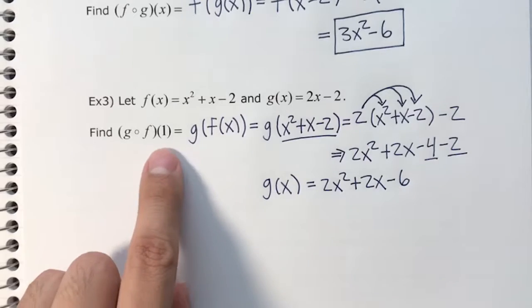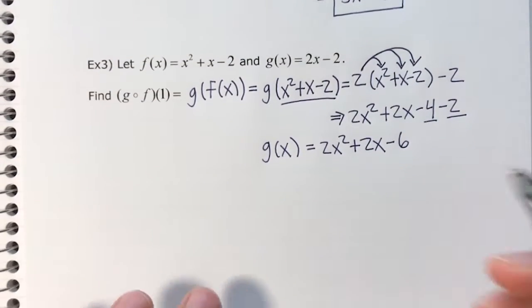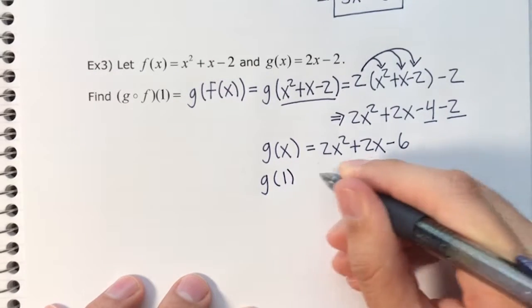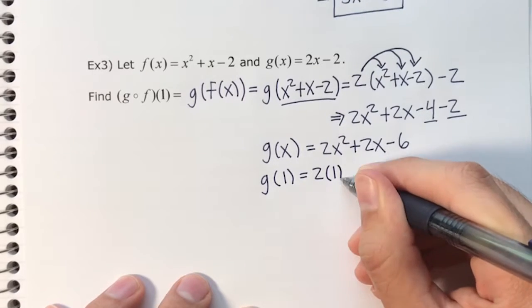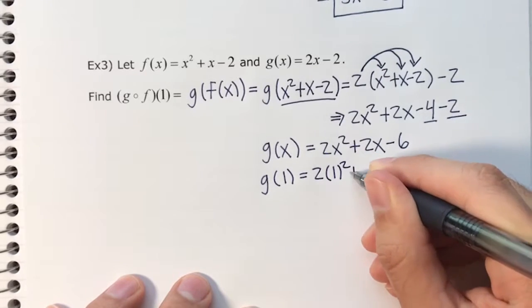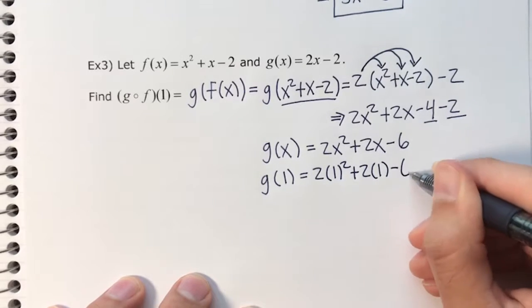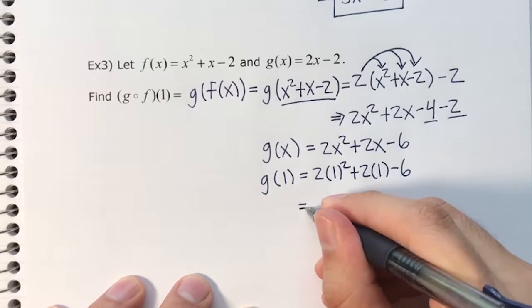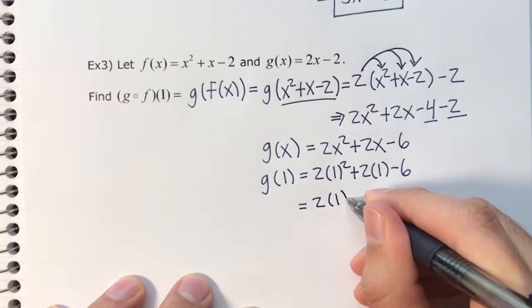But here they want us to evaluate g of x at 1. So let's go ahead and do that. Instead of x, we're going to put a 1. So 2 parenthesis 1 squared plus 2 parenthesis 1 minus 6. What's 1 squared? 1 squared is just 1.